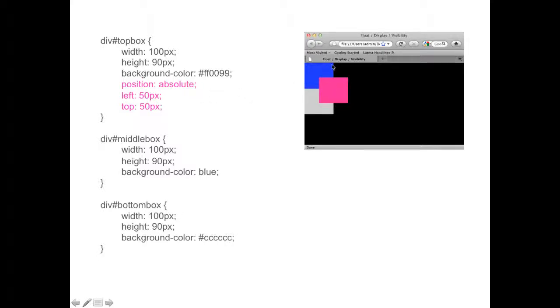Indeed, it moves 50 pixels down and 50 pixels to the right, but it is plucked out of the flow because it has a position absolute, and so the second box and the third box become 1 and 2. So the blue div takes its place and the gray div takes the place of the blue div.